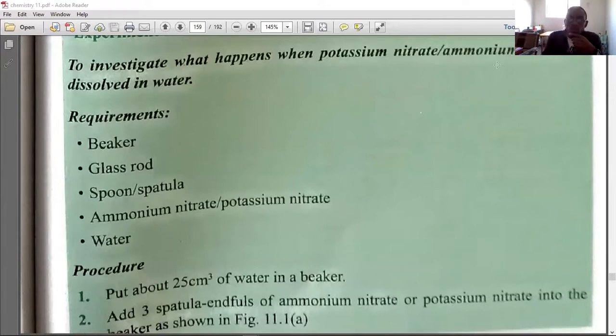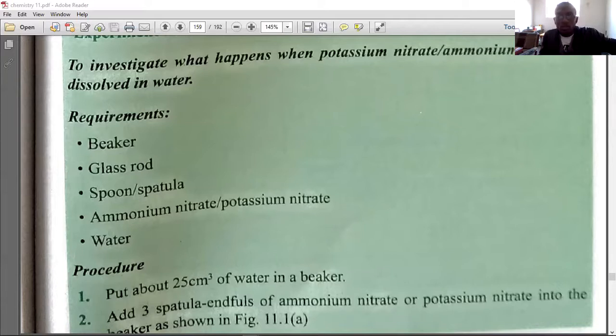So we're going to investigate what happens when we get potassium, or it could be barium nitrate, or ammonium nitrate. When you dissolve it in water, are we able to tell the nature of the reaction? When we get sodium hydroxide, are we able to tell the nature of the reaction? That is what I'm going to demonstrate.